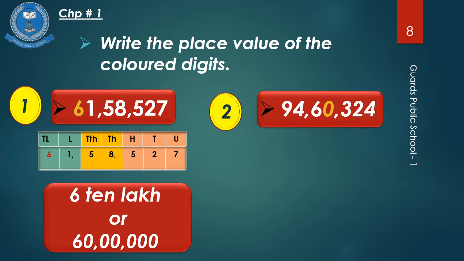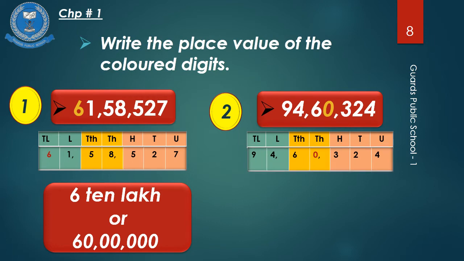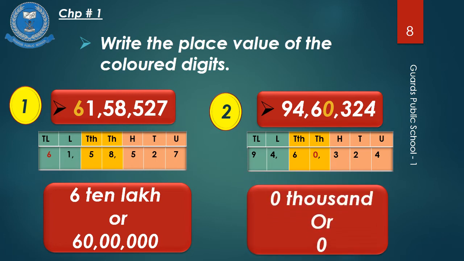Let's start reading from the right to find out what is the place value of 0 in this number. 4 unit, 2 tens, 3 hundreds, 0,000, 6 10,000, 4 lakh and 9 10 lakh. After reading from right, we come to know the place value of 0, that is 1000. It will be written as 0,000 or in figure 0.